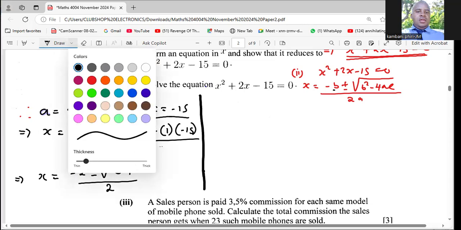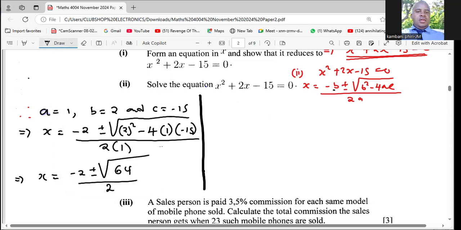So what do we have? We are saying x is equal to negative 2 plus or minus the square root of 64, which is 8, divided by 2. x is equal to negative 2 plus 8, that is 6, divided by 2, so x is 3.